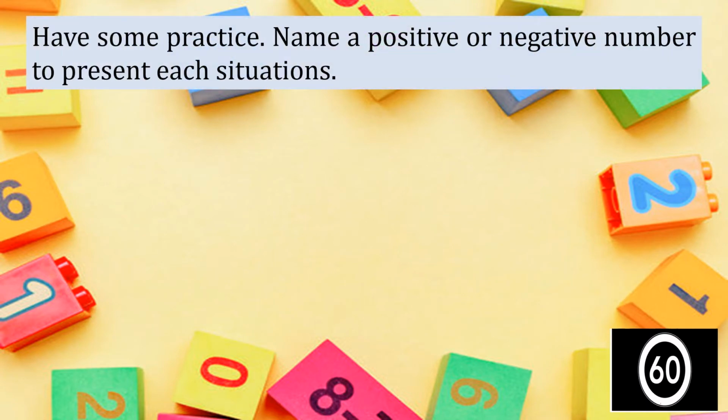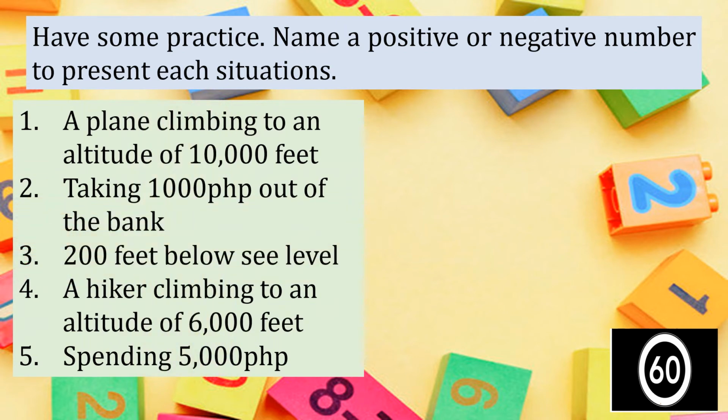Have some practice. Name a positive or negative number to represent each situation. Number 1, a plane climbing to an altitude of 10,000 feet. Number 2, taking 1,000 pesos out of the bank. Number 3, 200 feet below sea level.